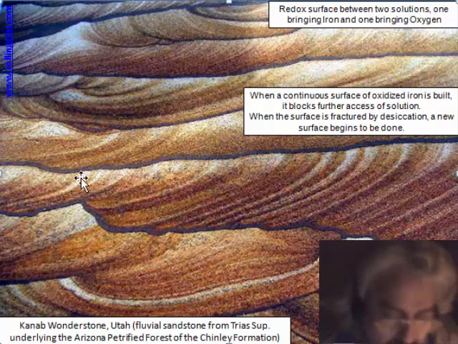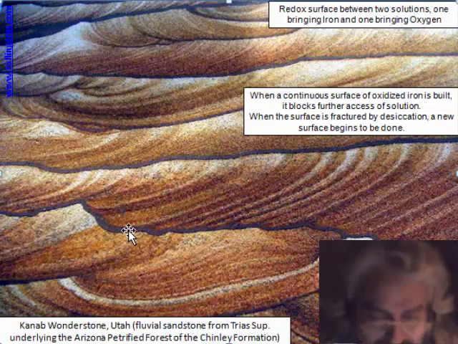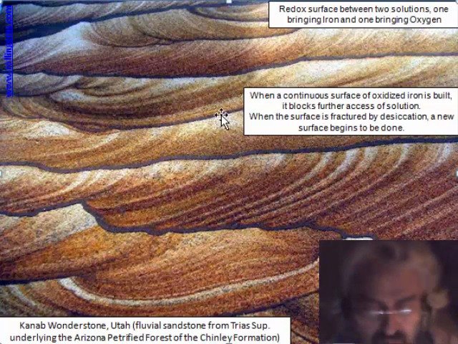So the repetition of the contact of the two solutions makes continuous new surfaces, and we can see the surfaces joined together in a thicker line that is made of limonite that can isolate the solution, so it's impermeable, and when it continues, the arrival of a new solution is impeded, so it stops until this surface is fractured, probably by desiccation, so the solution can enter and pass to a new phase, a new formation of a new dune.